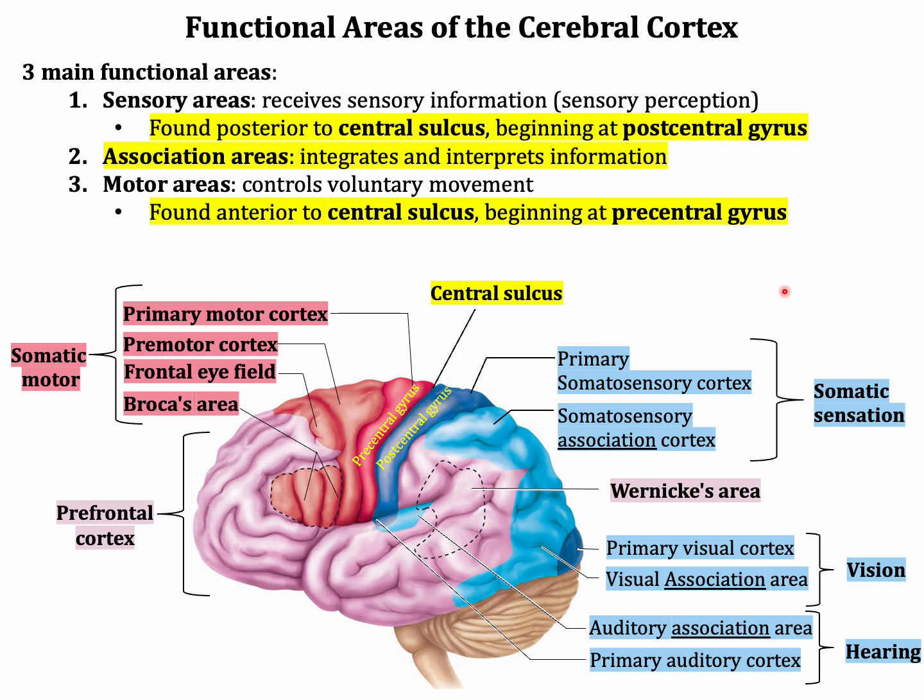And then there are also a lot of association areas, which integrate and interpret information. The pink on this image represents what we call multimodal association areas, very complex association areas such as the prefrontal cortex and posterior association area, and we will cover those areas after we go over motor and sensory regions.